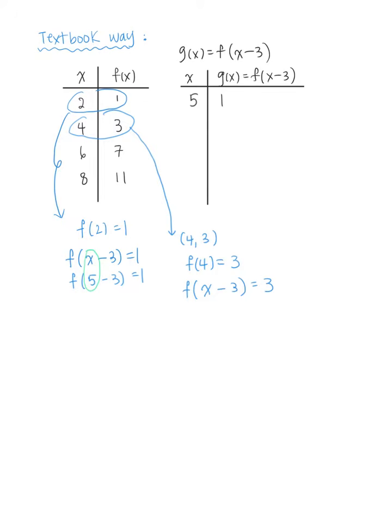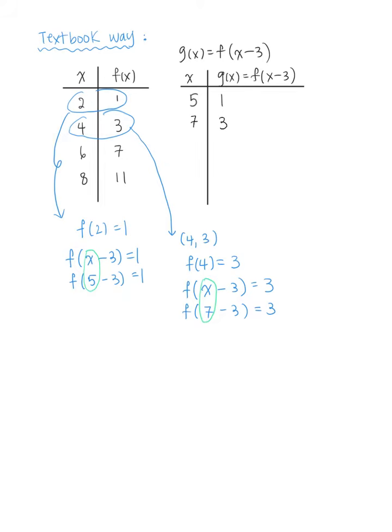So what number do I need here so that if I subtract 3 from this number, I'm going to get 4? Well, that number is 7, right? So this portion here, let me just do it the same way. f of 7 minus 3 will give us 4. So that means that our x value has to be 7. So now let me rewrite it as 7, and then the y value stays the same, which is 3.